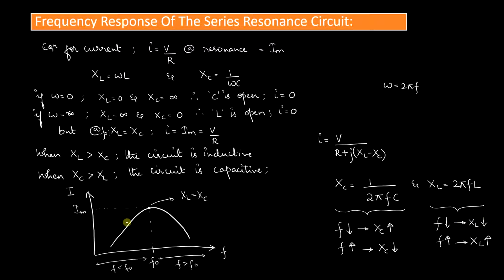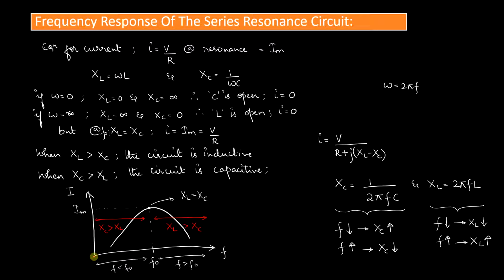So in this region your capacitor is acting more in comparison to the inductor. Let me change the color to indicate that. So in this region it is XC greater than XL, whereas in this region when f is higher, the capacitive reactance is lower and the inductive reactance is higher. So you have XL greater than XC.